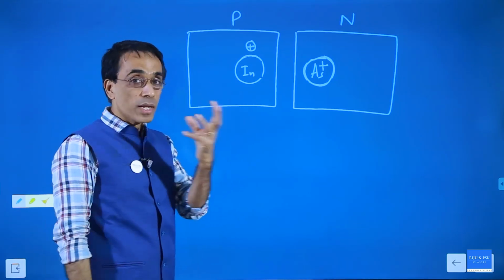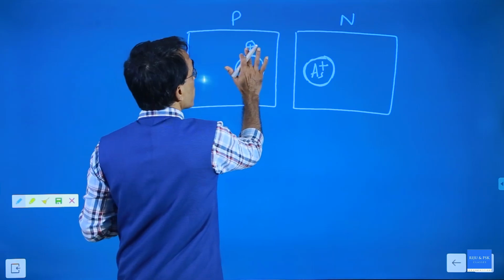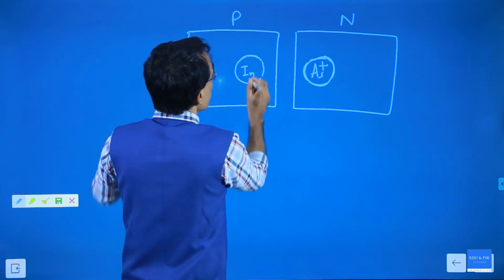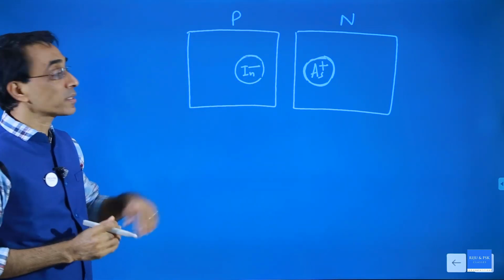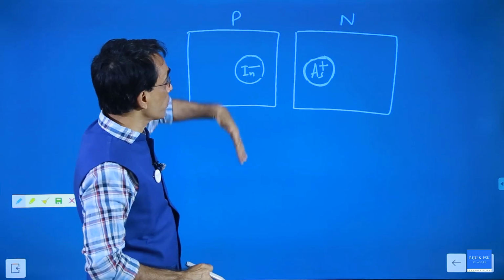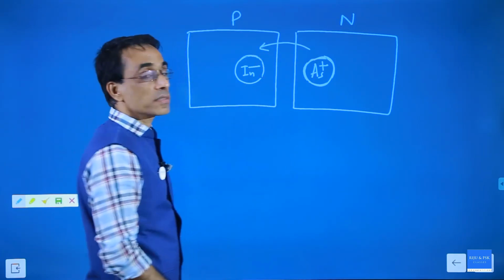Indium has got 3 electrons in the outermost shell. If you put 1 more electron in the indium atom, then the indium atom will become a negatively charged ion. Arsenic on the n side will become positively charged, indium on the p side will become negatively charged, if electron transfers like this.